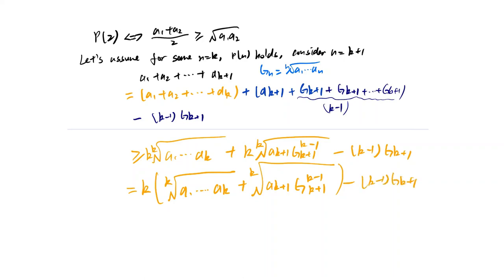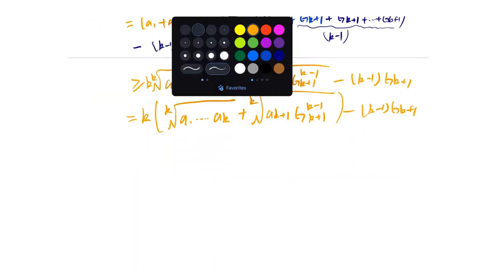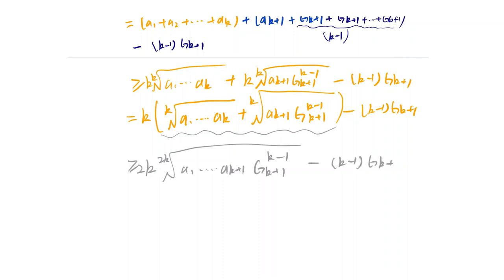And applying our assumption on these two variables, we will have this is larger or equal to 2k times the 2kth root of a1 times all the way up to a_{k+1} times g_{k+1}^{k-1}, minus k minus 1 times g_{k+1}.